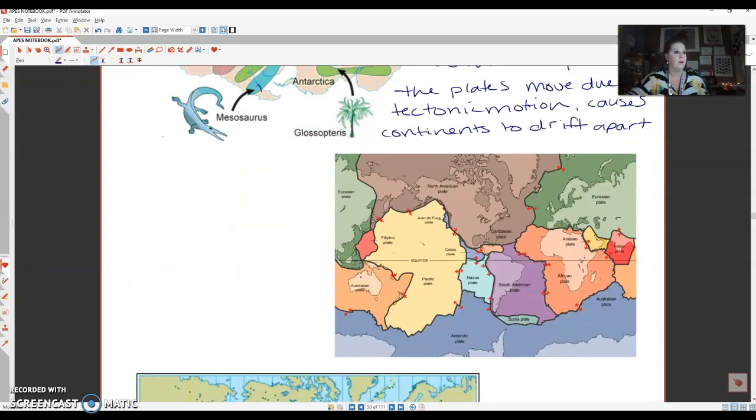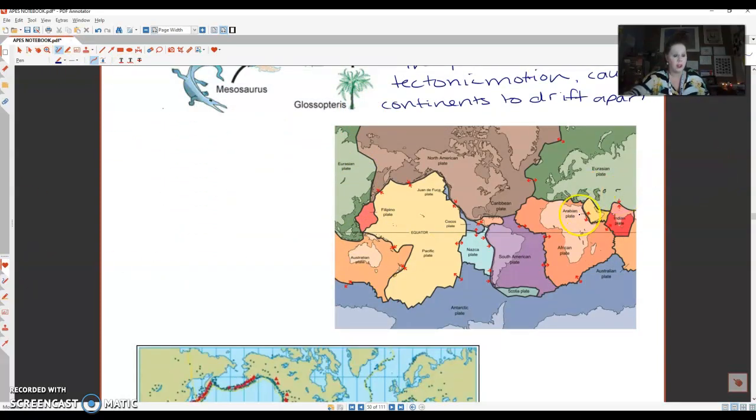So this right here, this picture is showing us the names of the plates and how they border each other. So different colors indicate a different plate. So this map shows you the name of the plate. So we have the North American plate, where we are, okay? You've got the South American plate, the African plate, multiple different plates, and they all border each other.